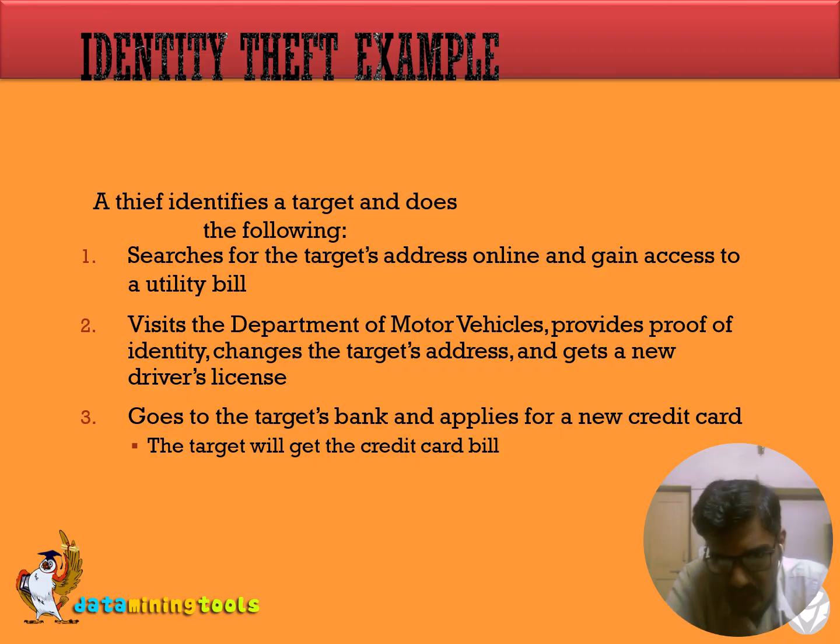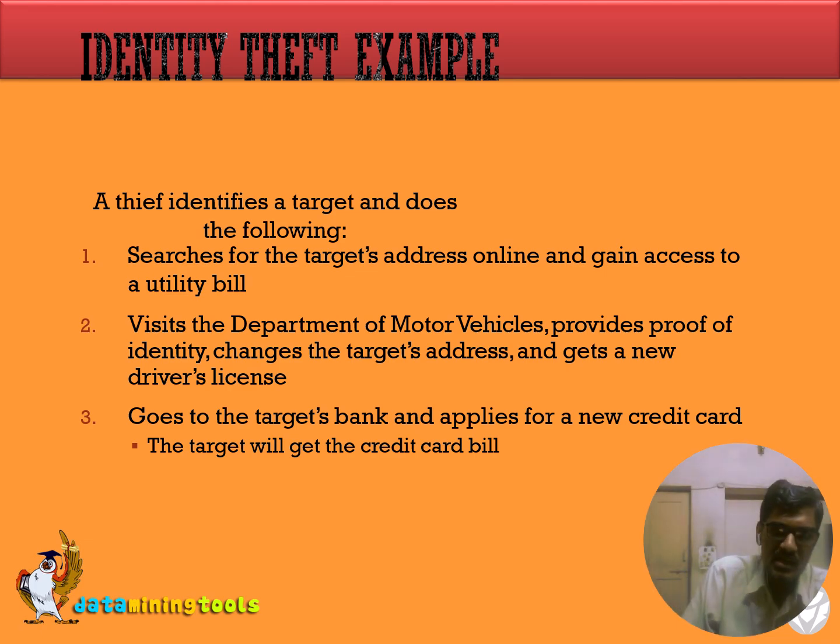Now, with the driver's license, he goes to the target's bank and applies for a new credit card. The credit card will be delivered to him because the address has been updated. Once he gets the credit card, he illegally uses it, and then the bill has to be paid by the innocent person. This is an example of identity theft.